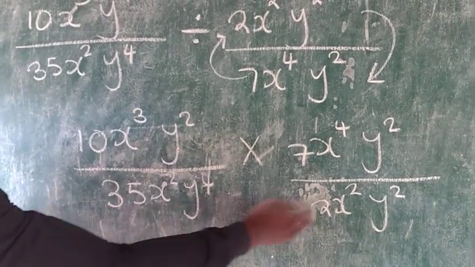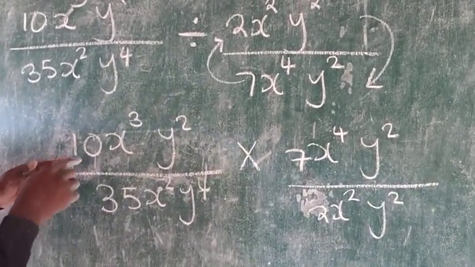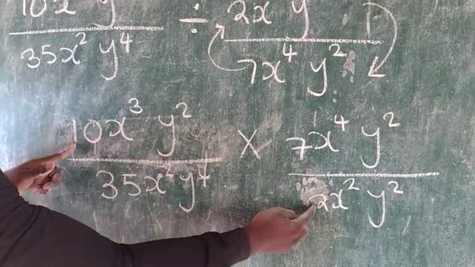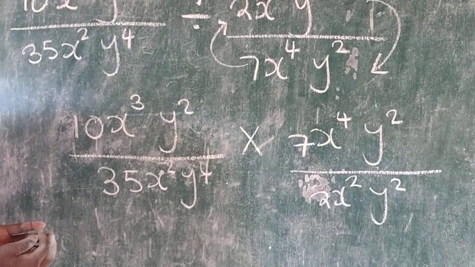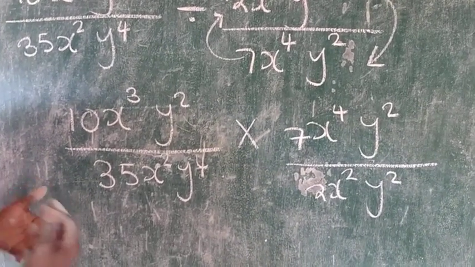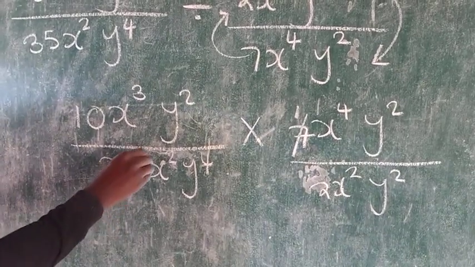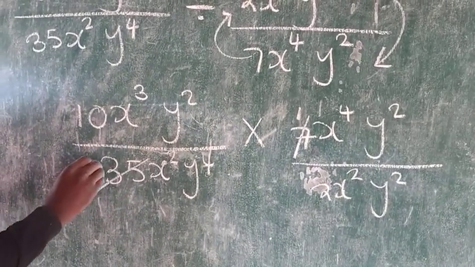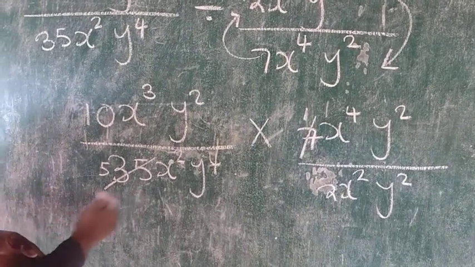All right, as you can see here, we look at the diagonals. We have a 10 here, a 2 there, a 7 here, and a 35 there. I'm dealing with the numbers first, so that it becomes very easy. 7 into 35: 7 goes there 5 times, because 7 times 5 gives 35.